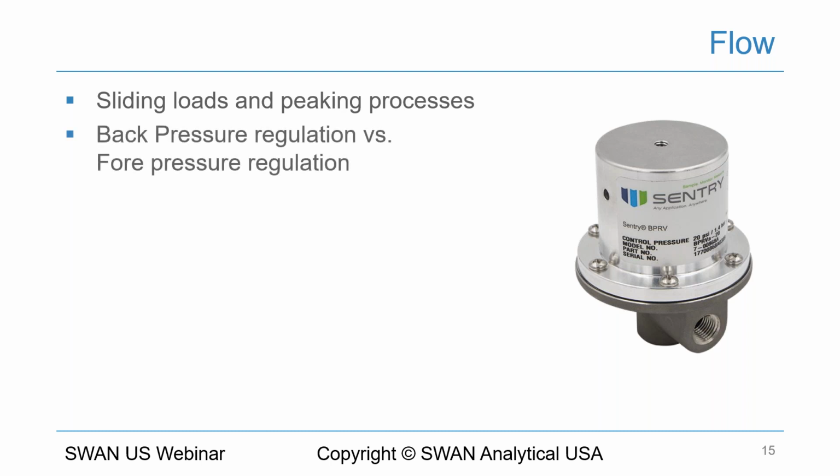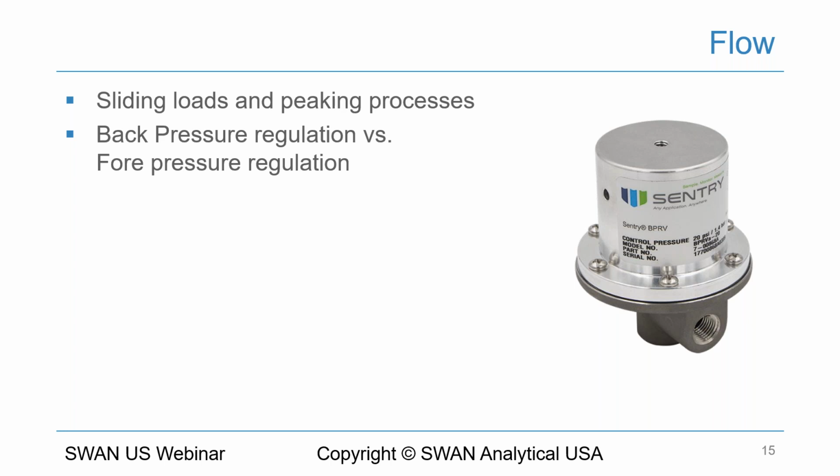So we utilize a back pressure regulation instead of the old fore pressure regulation. Reason being, a fore pressure regulator is basically a reduction orifice. So if the upstream pressure changes, either higher or lower, the downstream pressure will shift as well.